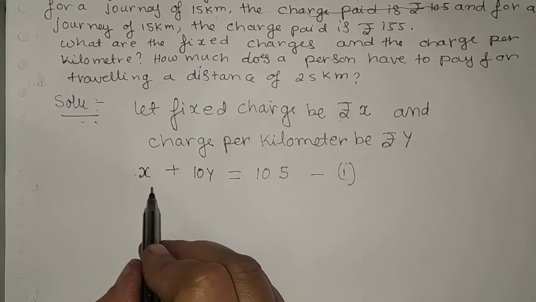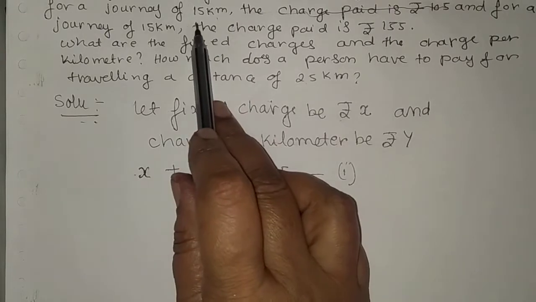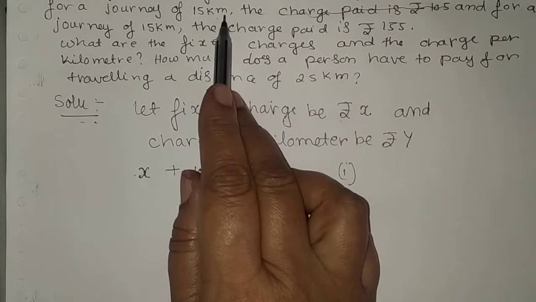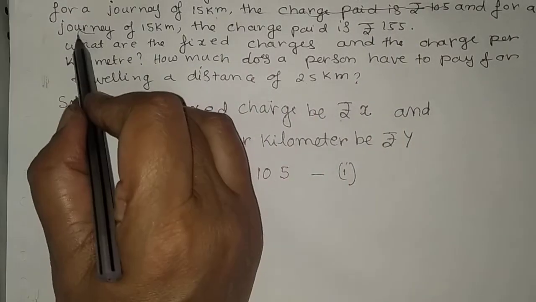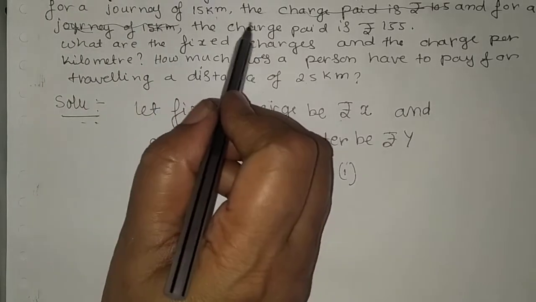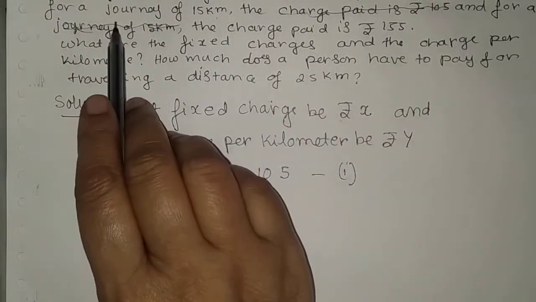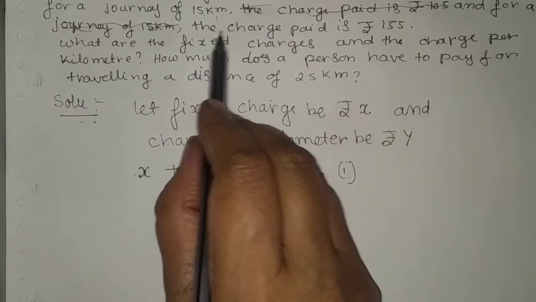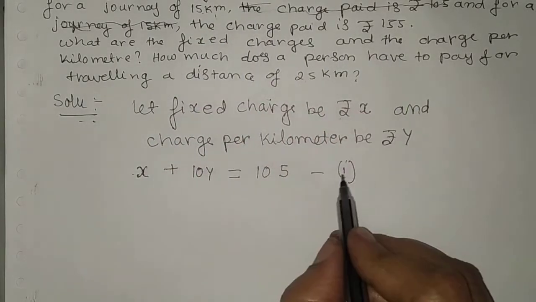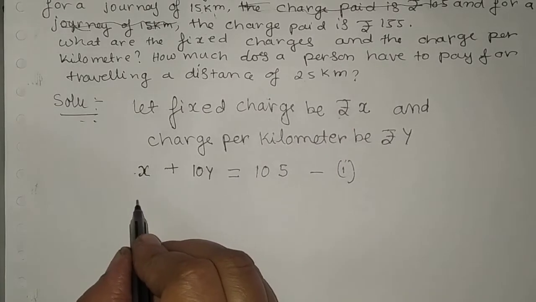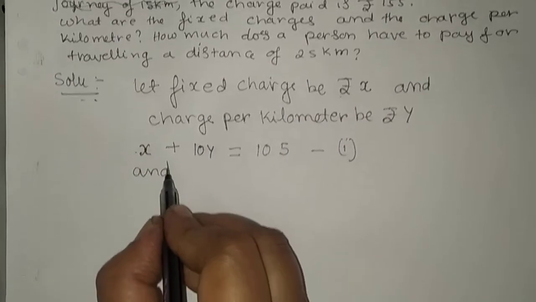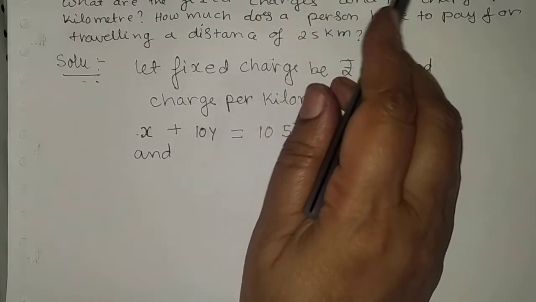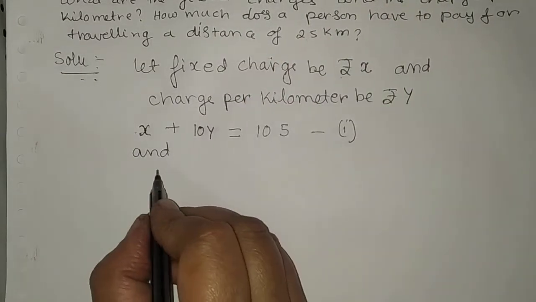Next we form the second equation, from the journey of 15 kilometers. The charge paid is rupees 155. So the second equation will be x plus 15y is equal to 155, since x is the fixed charge and the distance is 15 kilometers.